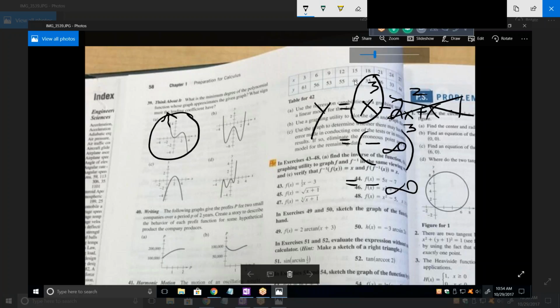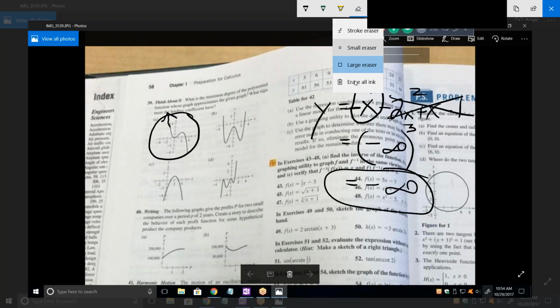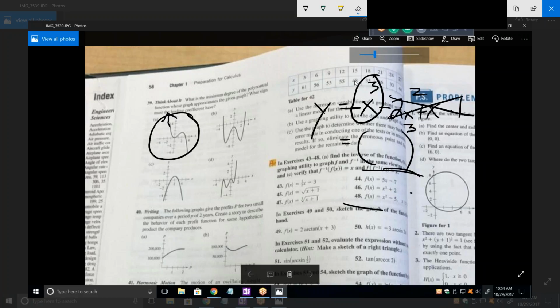So the sign is not going to be what we just showed. In other words, if I had a positive coefficient in front of my x cubed term, then when I substitute negative infinity, it's going to come out negative infinity. Notice if I have a negative coefficient in front of that, a negative x cubed, I still substitute negative infinity, but now it comes out to be positive infinity.